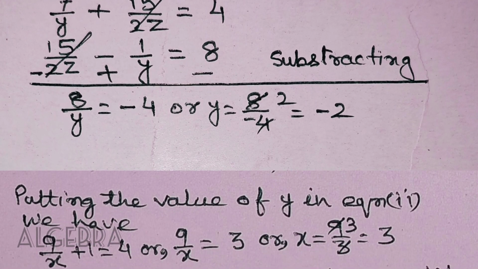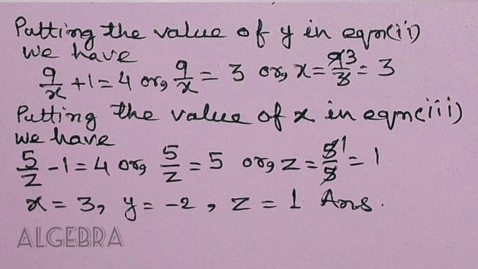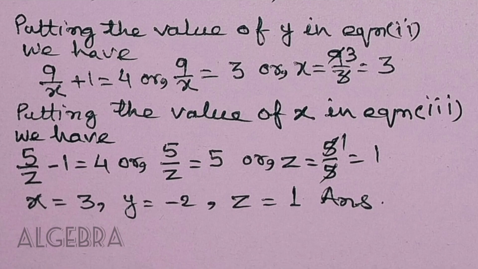Putting the value of y in equation 2, we have 9/x + 1 = 4, or 9/x = 3, or x = 9/3 = 3. Putting the value of x in equation 3, we have 5/z - 1 = 4, or 5/z = 5, or z = 5/5 = 1. So x = 3, y = -2, and z = 1. Answer.